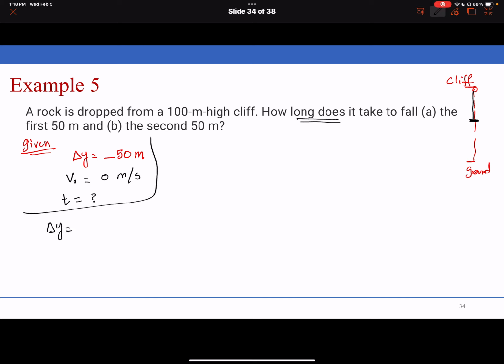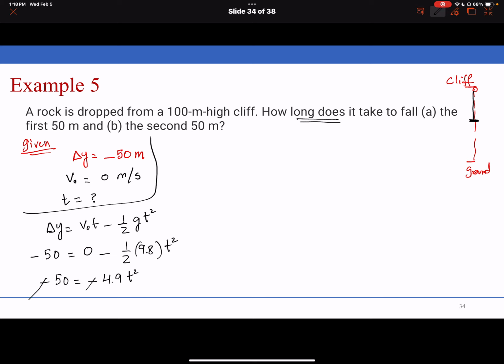Delta y equals v initial t minus 1/2 g t squared. Negative 50, 0 times anything is 0, minus 9.8 over 2 t squared. The negative 50 is negative 4.9 t squared.